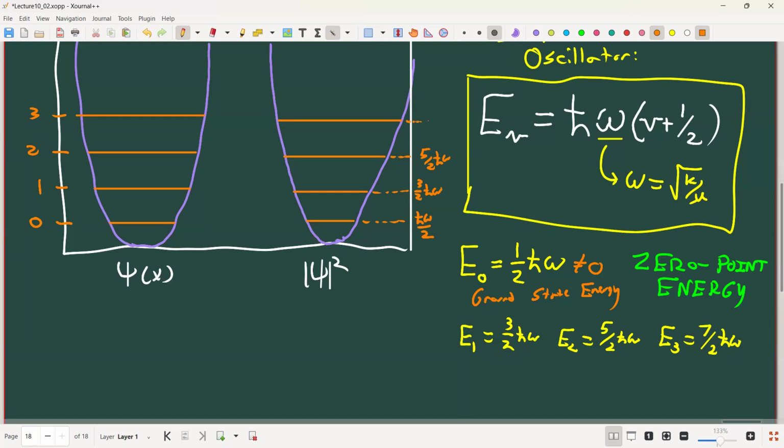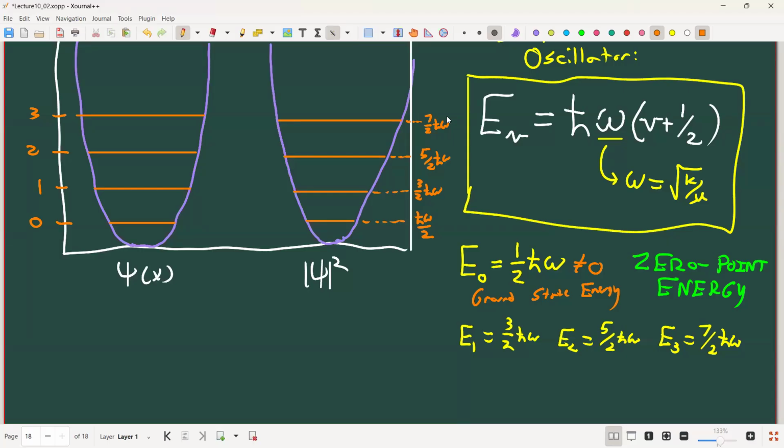What's the energy difference between these levels? You guys may have seen on the current homework that in the particle in the box, the gap between adjacent energy levels gets large. Because the energy scales as n squared, the difference between n plus 1 and n, once you do the foiling, is 2n plus 1. What that means is that the spacing between the energy levels in the particle in the box is dependent on the value of n.